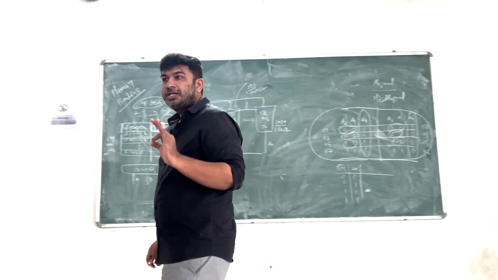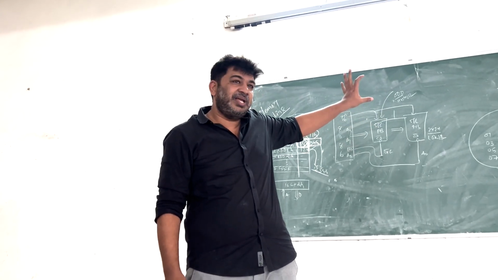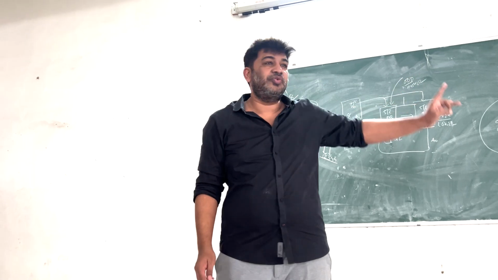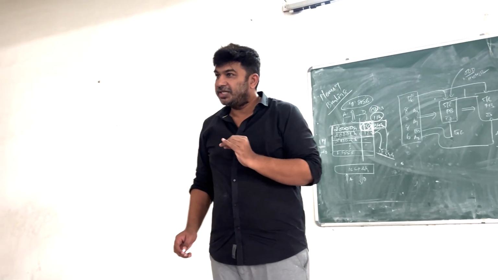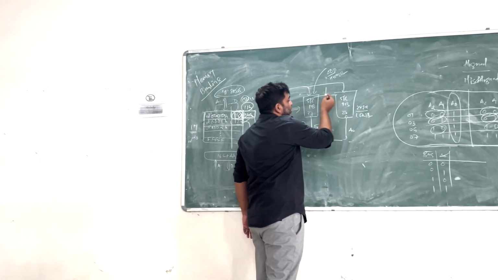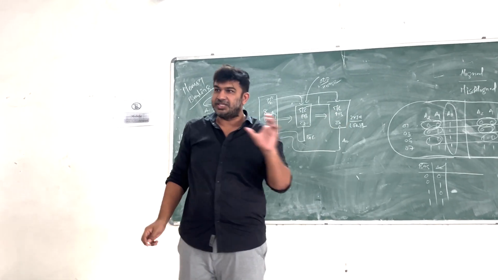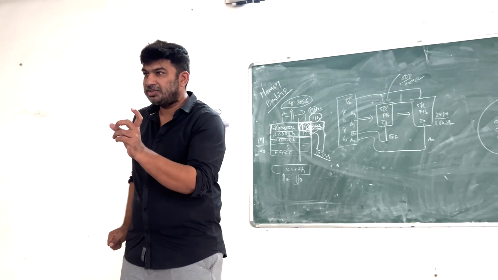If I do this, every other part remains as it is, only my A0 will get changed. So if I give some address to this chip, everything will remain the same, only A0 will be different. Understand? Yes.